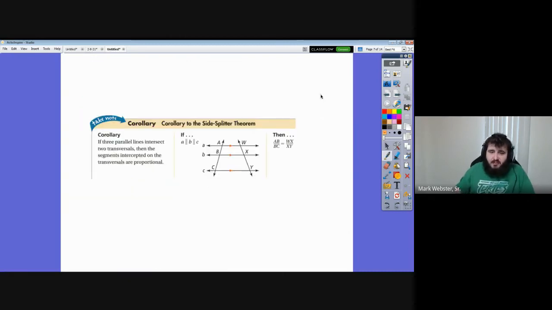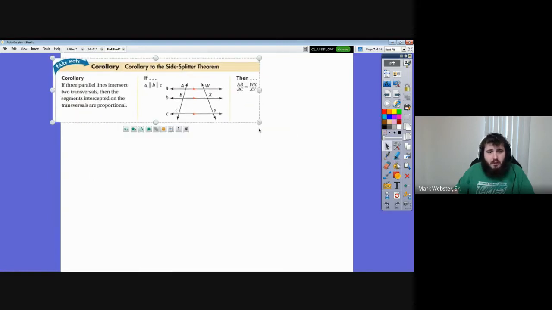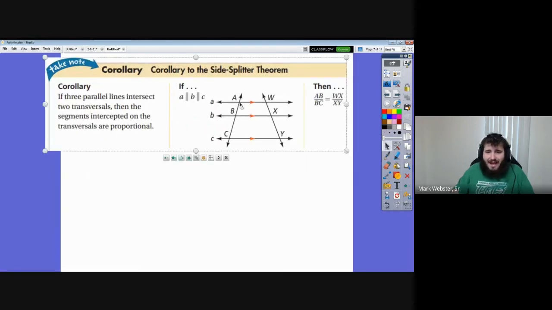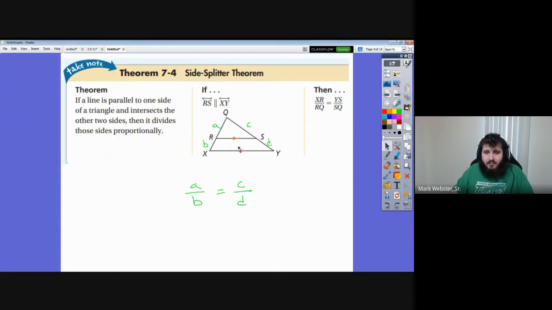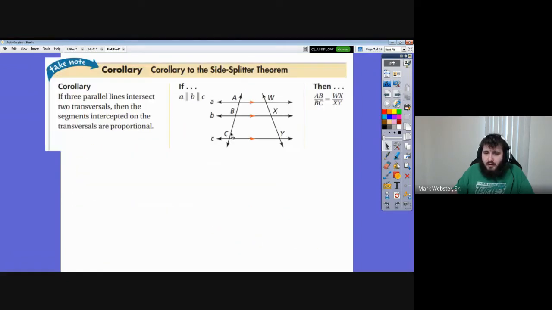So what I want to be very clear about is this is the exact same thing as this. It's just now, instead of it being a triangle shape, it's like a trapezoid shape. So here's the thing.